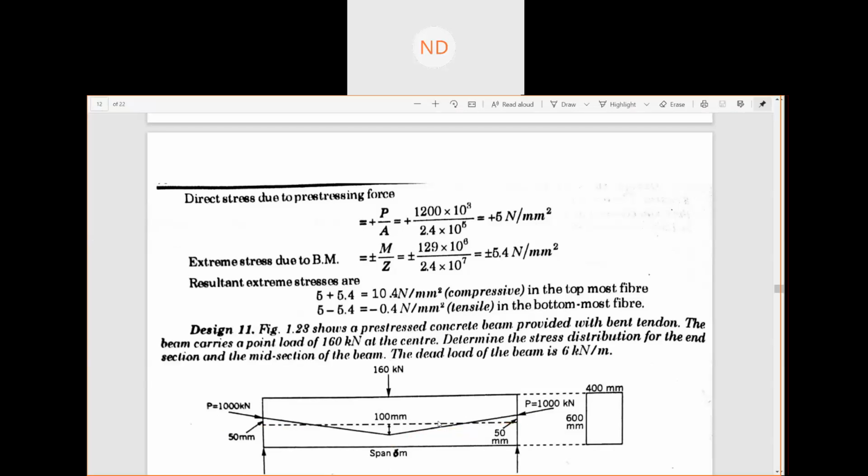Now in this particular question you have the external point load given to be 160 kilonewton, and then determine the stress distribution for the end section and the mid section. You have to calculate all the stresses at the end section as well as at the mid section. The dead load of the beam is 6 kilonewton per meter, so you can calculate the UDL.